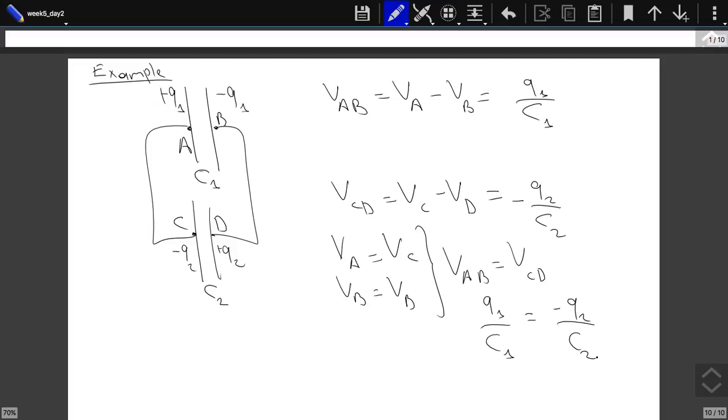I'm basically saying that if there is a positive charge on this plate, I will say that the capacitor has a positive charge. If there is a negative charge on this plate, I will say that the capacitor has a negative charge. Now, up to this point, whenever we were talking about the charge of the capacitor, we always defined it to be positive. But now, as in this example, it will start to be important.